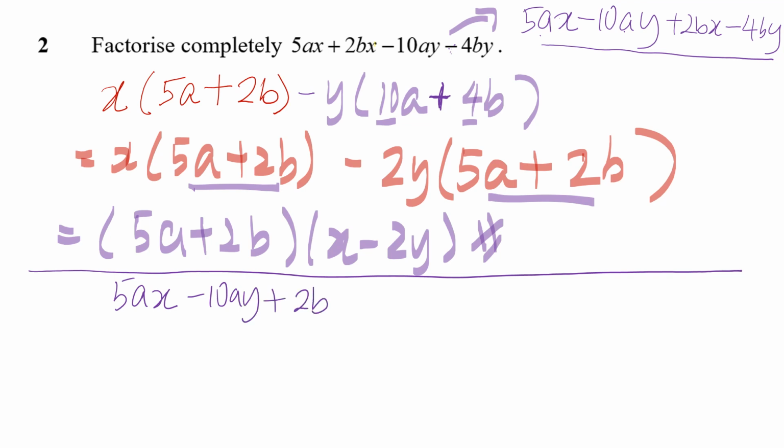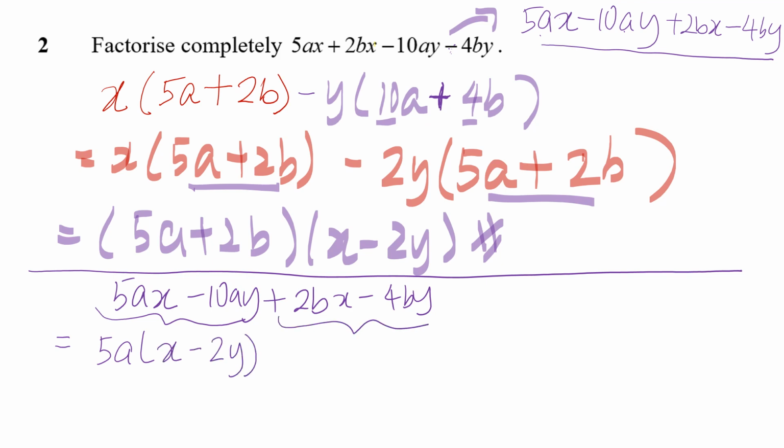This is where you're not satisfied with your teacher's grouping and you want to form your own grouping. So let's look at these two. The common factor will be 5a. So you take out 5a, leaving x minus 2y, since 10 divided by 5 is 2. And then for this one, the common factor will be 2b, so you have left x minus 2y.